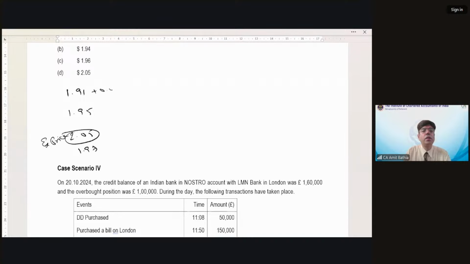This is plus 0.04 plus 0.04 plus 0.04. So this becomes 1.95, 1.99, 2.01. Now multiplying with the probabilities, 25% into 60% into 15%.